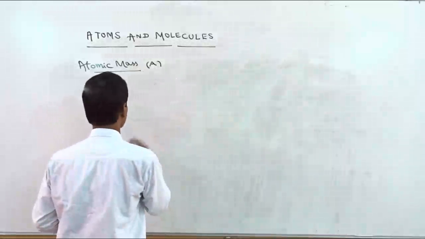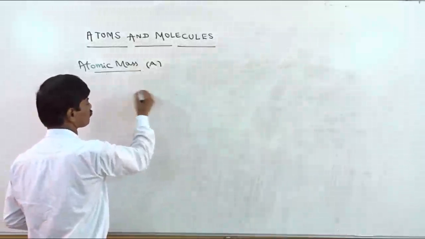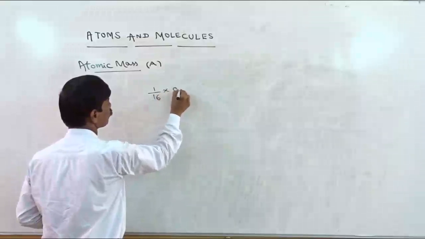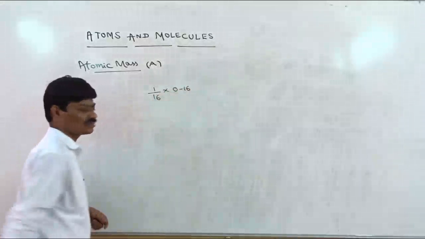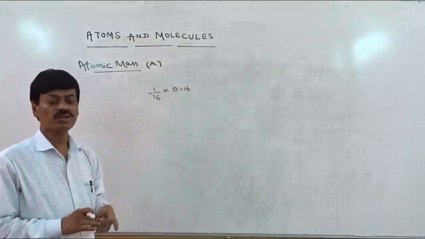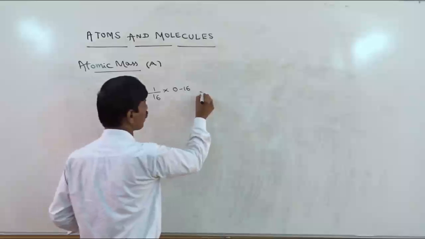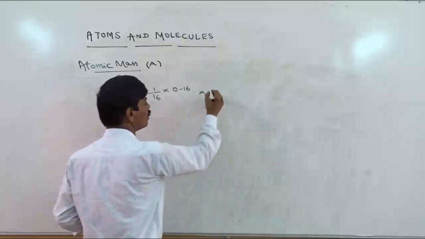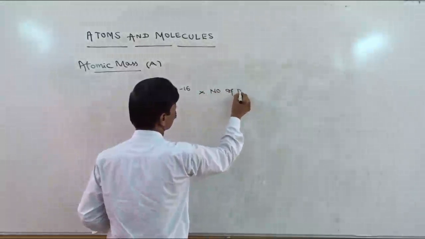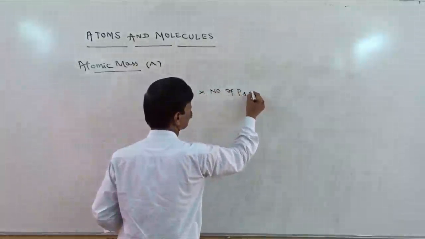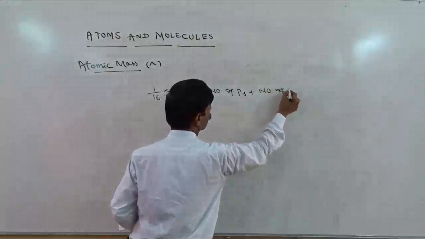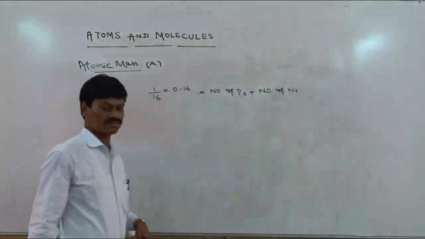So it was like this: 1 by 16 multiplied by O16. O16 means the mass of oxygen, which is equal to 16, multiplied by the number of protons plus the number of neutrons.